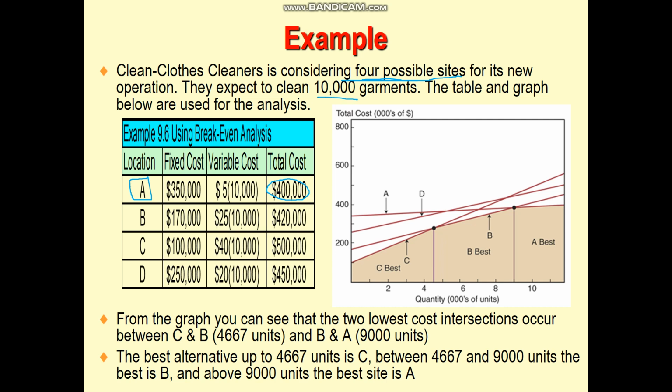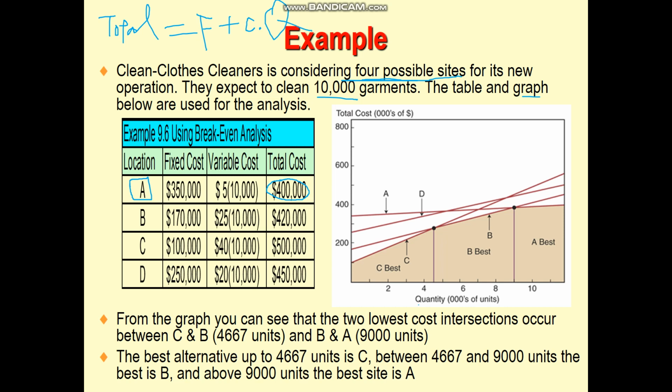So location A is the best location for us to choose if we expect to clean 10,000 garments. And here we look at the graph to see if this result is correct, if location A is really the best location for the Clean Clothes Cleaners company. So we have the formula: total cost is equal to the fixed cost plus the variable cost, and the variable cost is equal to the unit cost times the quantity, right?